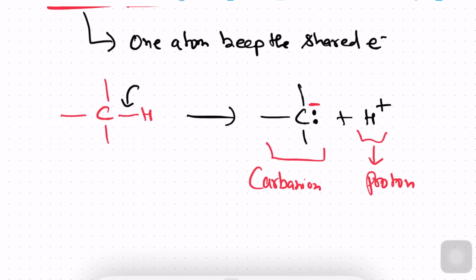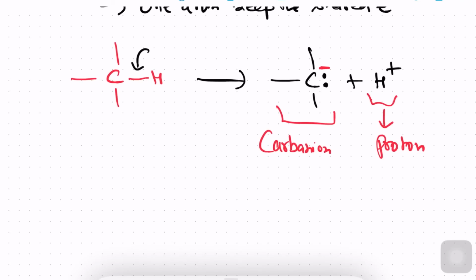Now let us take another situation. In another situation, let's suppose this cleavage occurs, and we are going to see that the hydrogen is going to retain the shared electron.